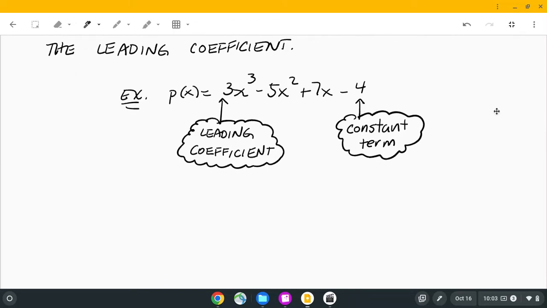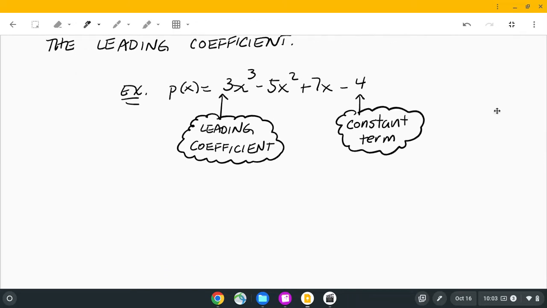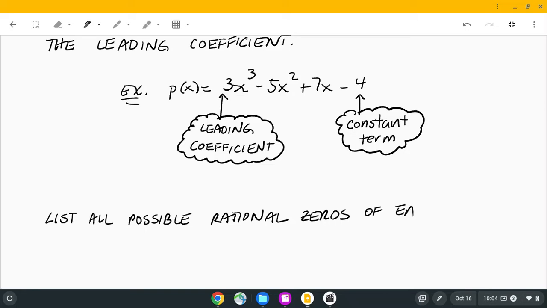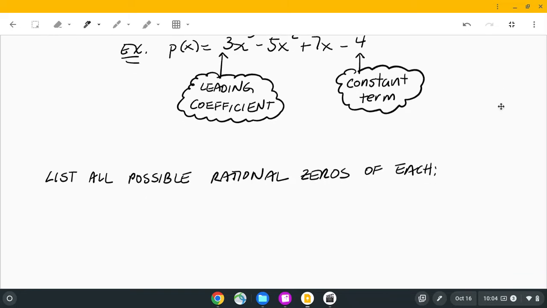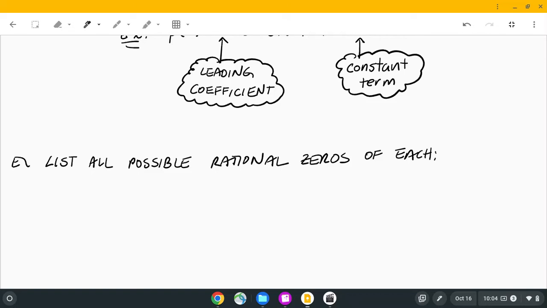All right, so let's take a look at finding the rational zeros. Let's list all possible rational zeros, and we'll do a bunch of examples. List all possible rational zeros of each. Here, let's do this first example.